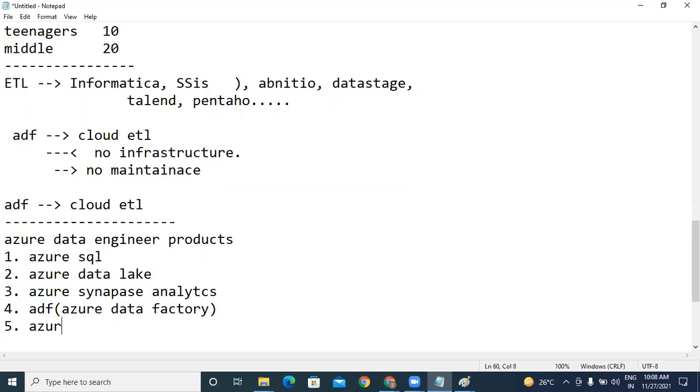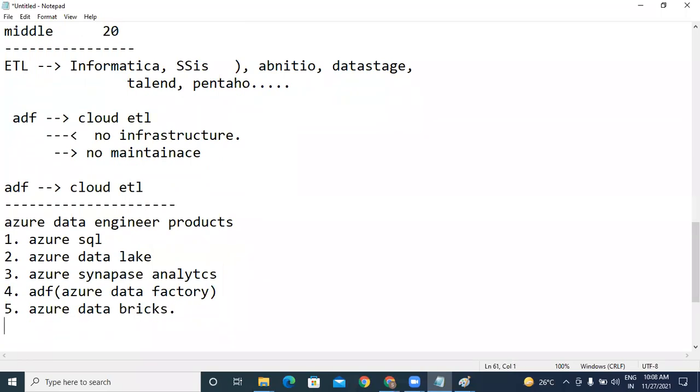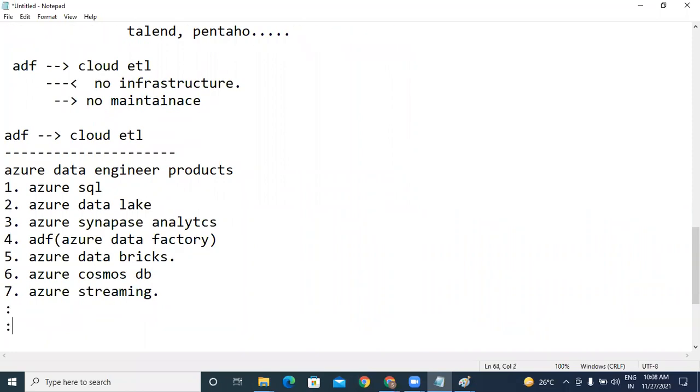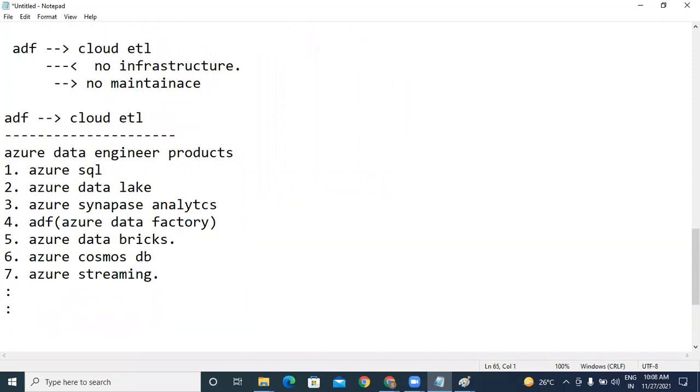Number five, Azure Databricks. Number six, Azure Cosmos DB. Number seven, Azure Streaming. As part of the Azure data engineer products.